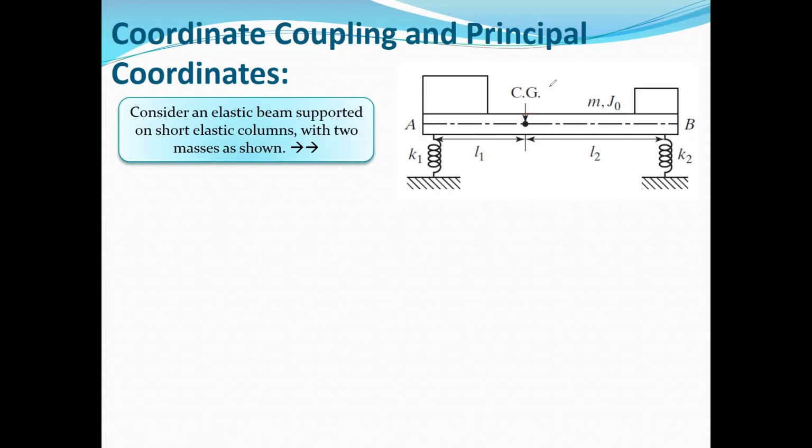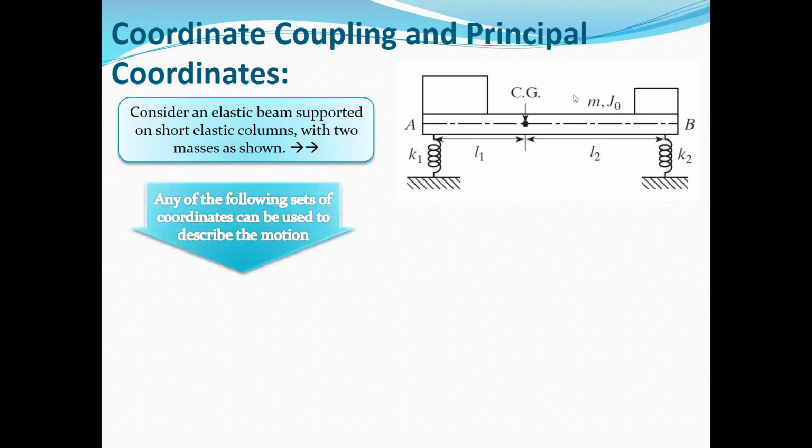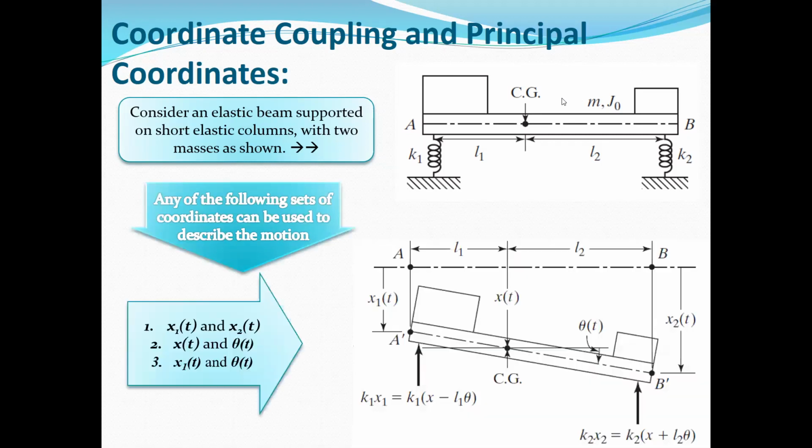step is to choose a coordinate system. We should consider the coordinate system and the degrees of freedom to extract the equation of motion. In this system, we can consider different sets of coordinates, and in fact, the motion for this system can be described with different degrees of freedom.